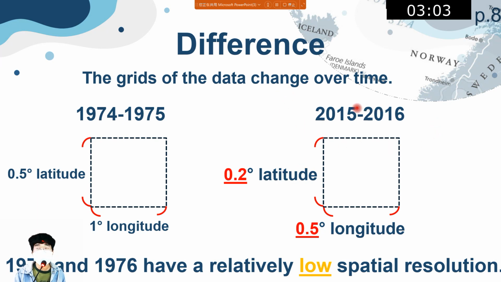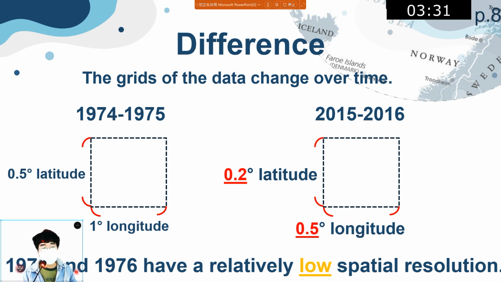The difference between these two data sets is that in 1974 and 1975, the width is 0.5 latitude and the length is 1 longitude. But in 2015 and 2016, the width is 0.2 latitude and the length is 0.5 longitude.